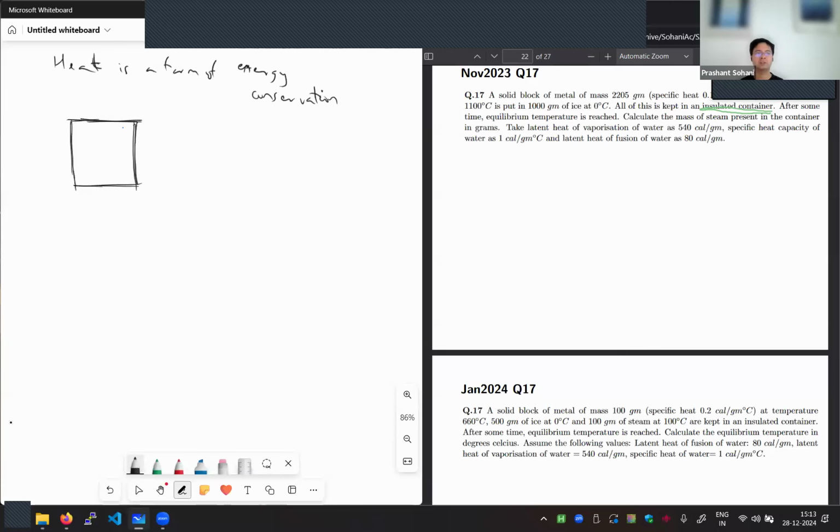So inside such a container, the total heat will remain the same, which means we can say that the heat lost by one substance has to be equal to the heat gained or absorbed by another substance.